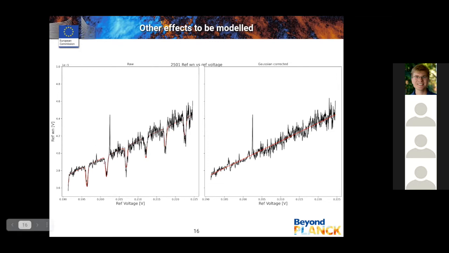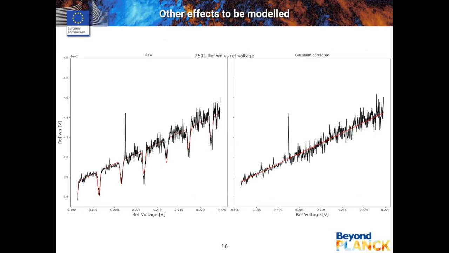This is basically a telltale ADC nonlinearity thing. And what we want to do now is to try to fit these dips using a Gaussian parametric model for them. And so far, it seems as if we're getting things that are looking much better. So basically, we want to do this to implement our own ADC correction algorithm into the pipeline.